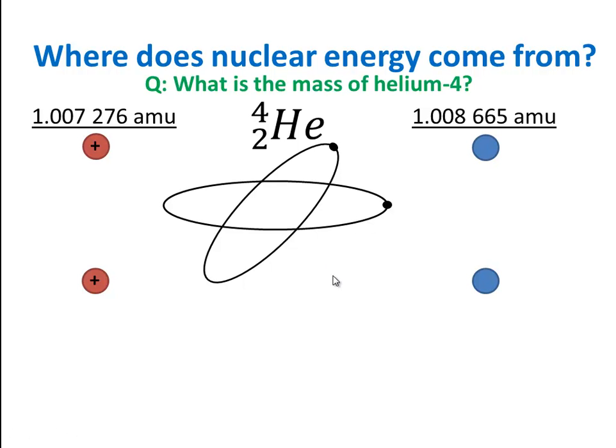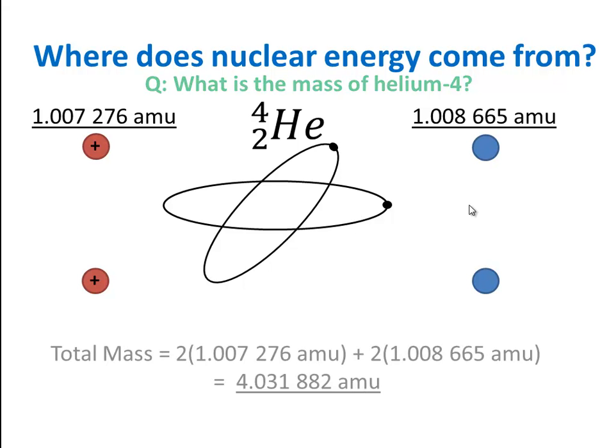All right, so here's the question in green. If we were to take fresh ingredients, protons and neutrons, and make one atom of helium-4, and now that you know the mass of the proton and the neutron, can you tell me what the mass will be of the complete atom once it's put together? What I want you to do is pause the video now and do that calculation.